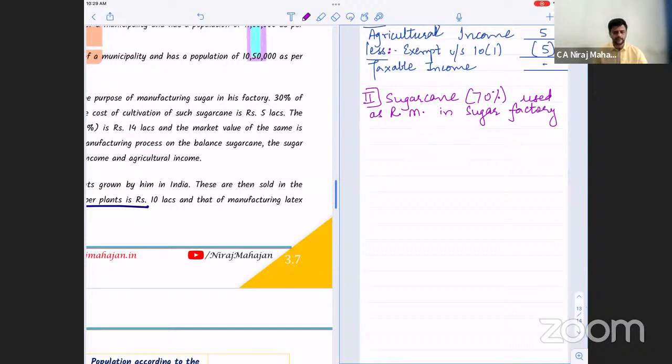In sugar factory, right? First, I'll do the industrial part. That is easier to understand. That is the business income. So A in that, business income.